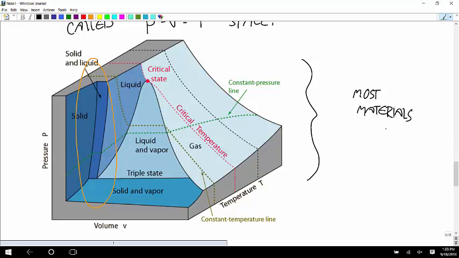This says that for this one constant pressure, as the temperature goes down, the volume, that goes backwards. So temperature, gas to liquid.